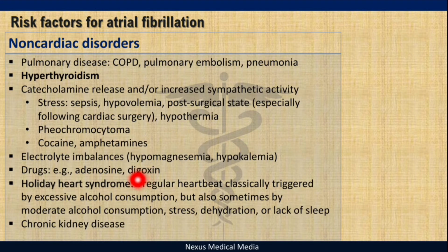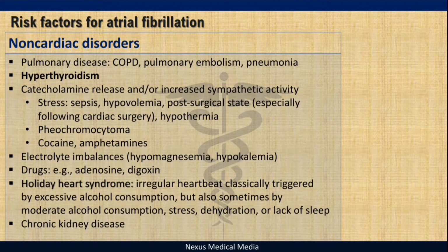Drugs like adenosine, digoxin, holiday heart syndrome, right? So this is an irregular heartbeat classically triggered by excessive alcohol consumption, but also sometimes by moderate alcohol consumption, stress, dehydration, and lack of sleep.